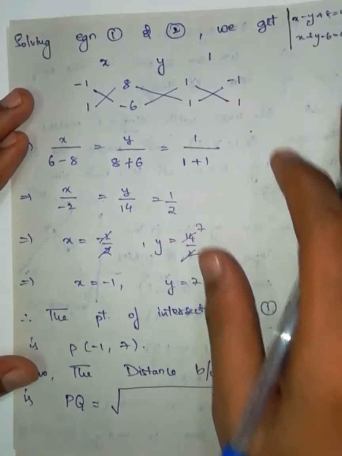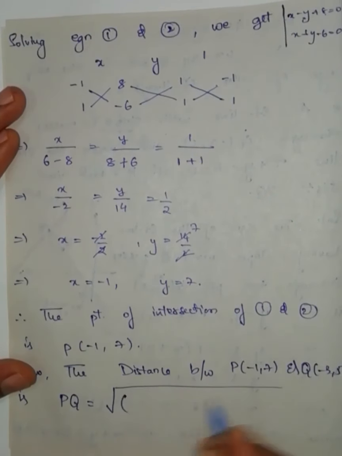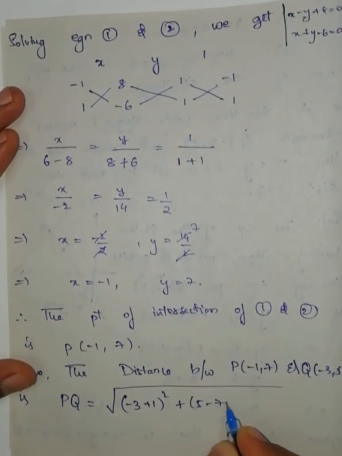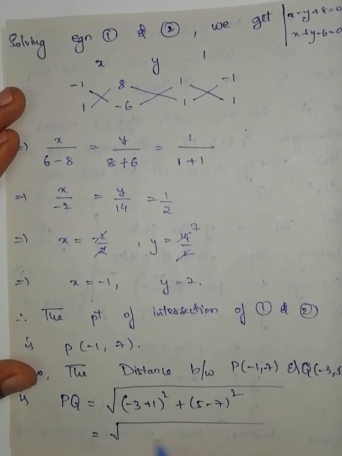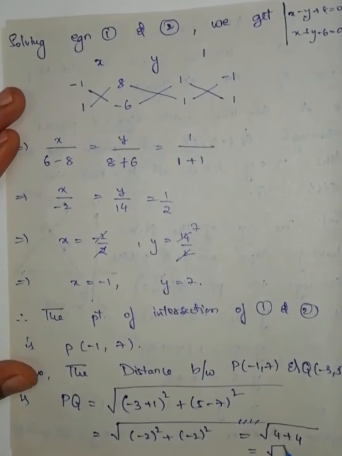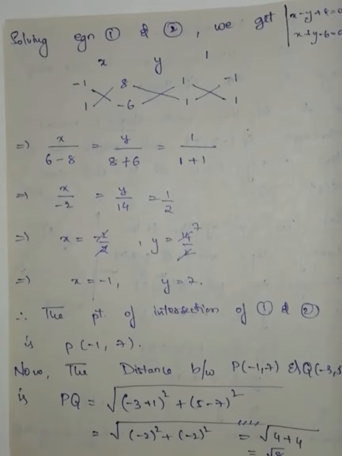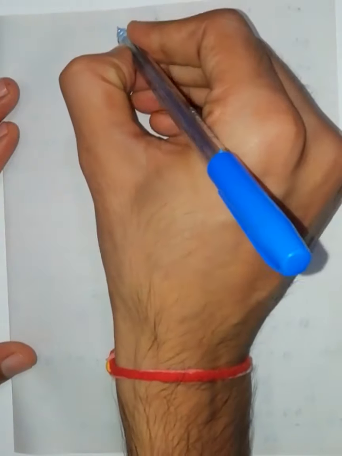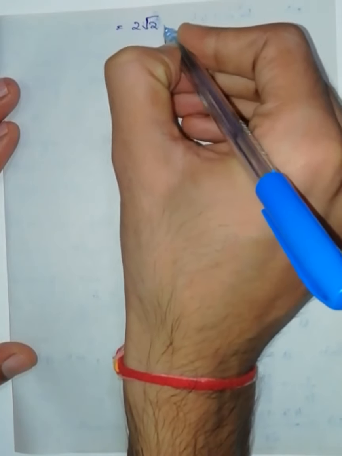So this one can be written as minus 3 plus 1 whole square plus 5 minus 7 whole square. Nothing but under root minus 2 square plus minus 2 square, which is nothing but under root 4 plus 4. Nothing but under root 8. Under root 8 can be written as 2 root 2, which is the required answer.